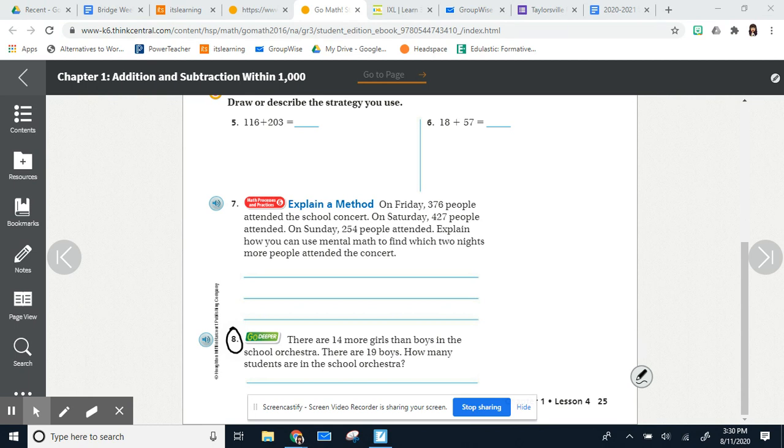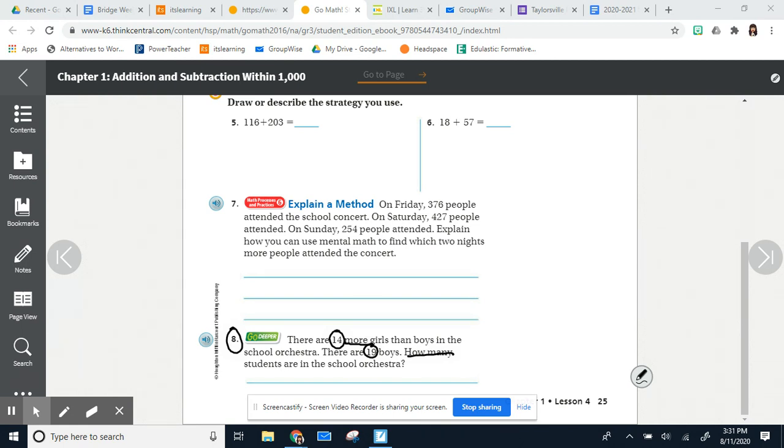So I like to circle my numbers and underline my keywords. 14 more girls than boys in the school orchestra. There are 19 boys. How many students are in the school orchestra? Okay, so what they're telling me is there are 14 more girls than boys. Okay, so that's what I know so far.